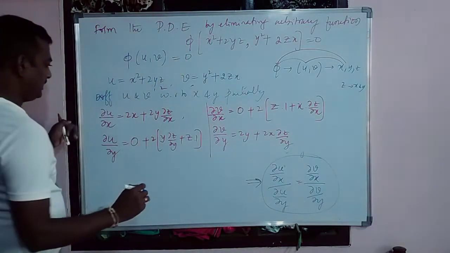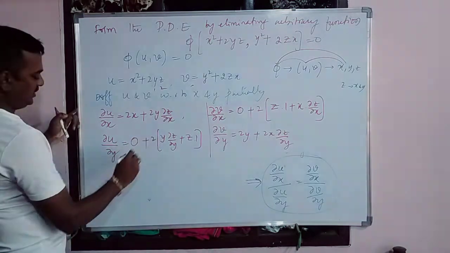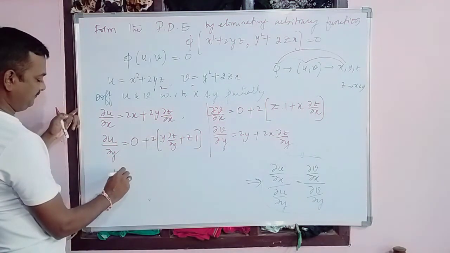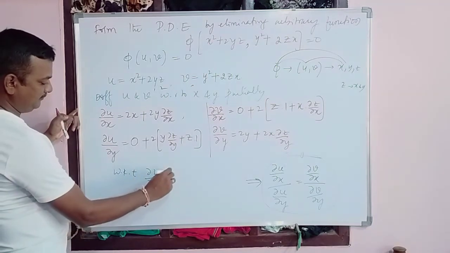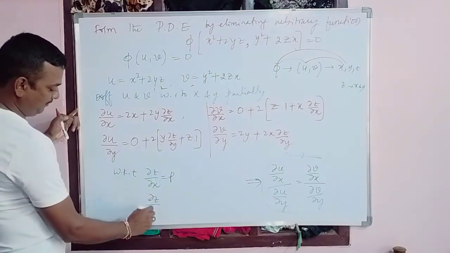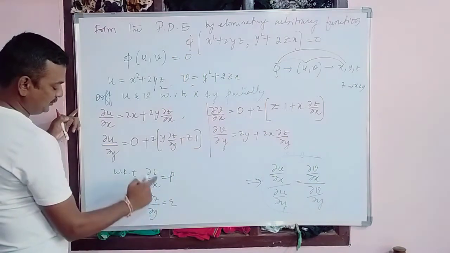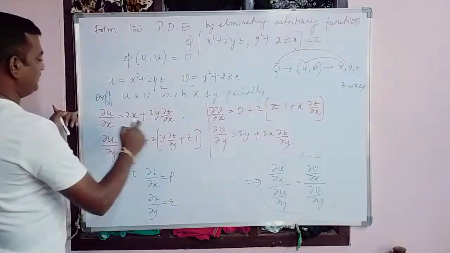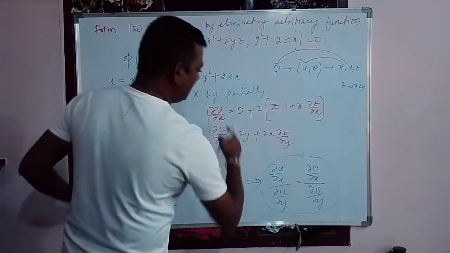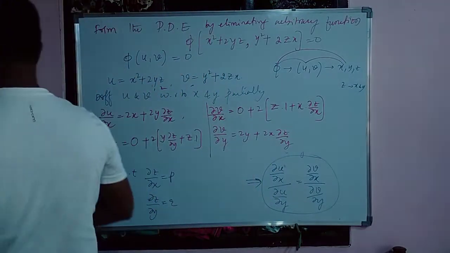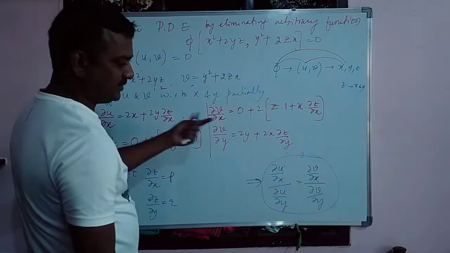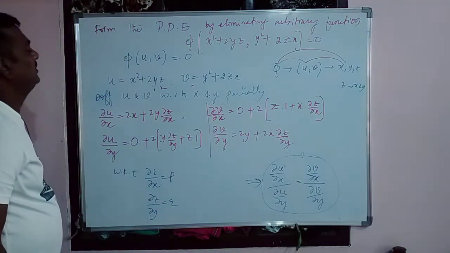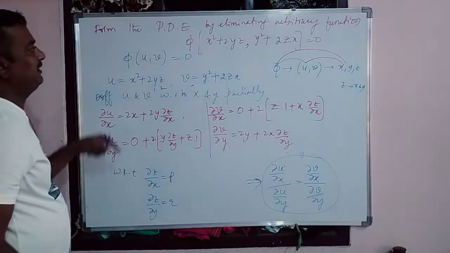Since we know that dou z by dou x is p and dou z by dou y is q, we can use them here. So you can substitute these 4 values in this equation, and you have eliminated phi.